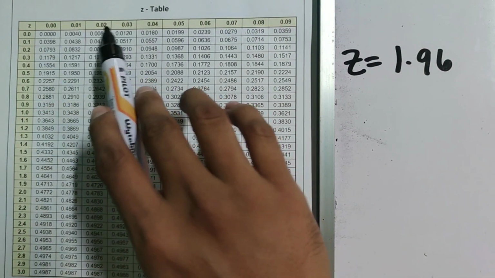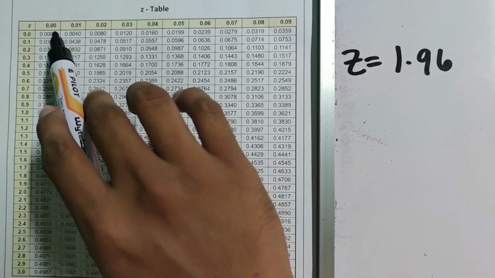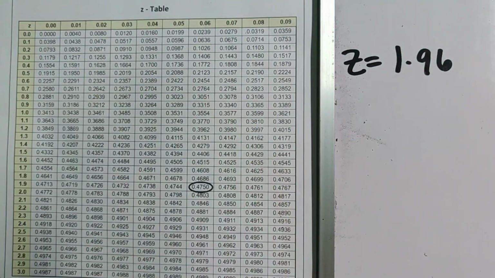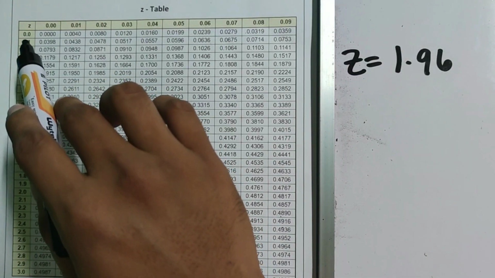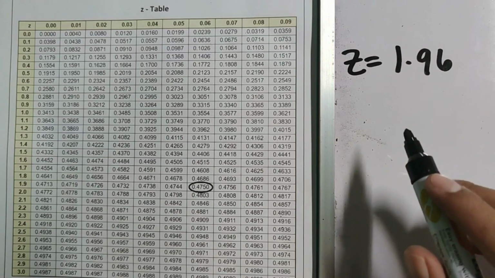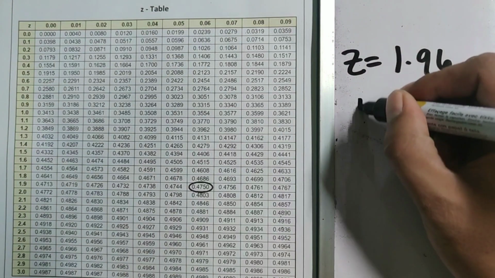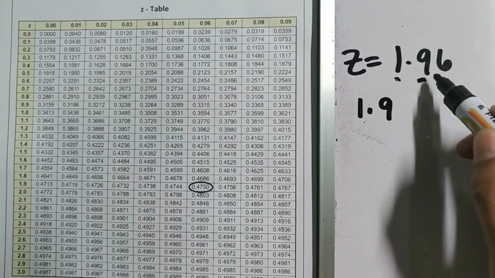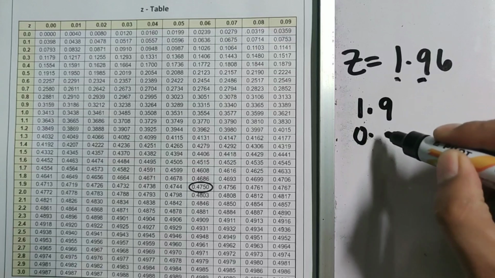At the top, the column part, we have 0.00, 0.01, and the row part, we have 0.1 and so on and so forth. So z is equal to 1.96. We are going to separate it into 1.9 and 0.06.